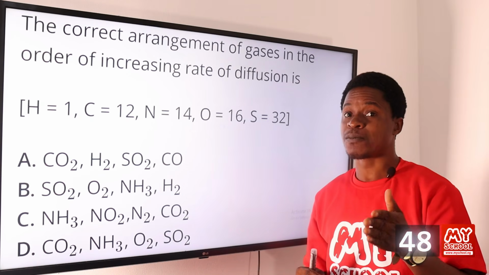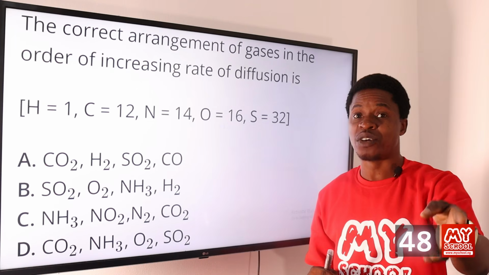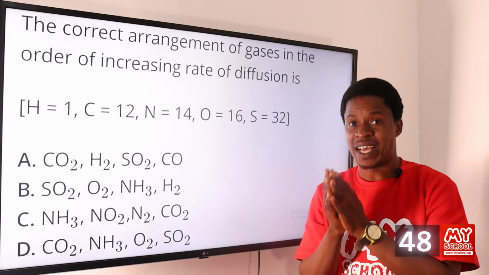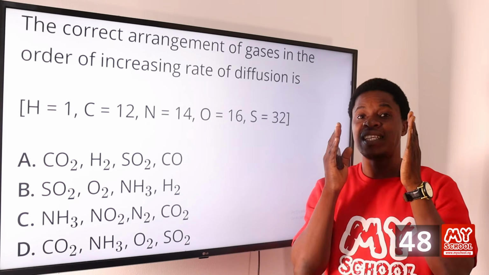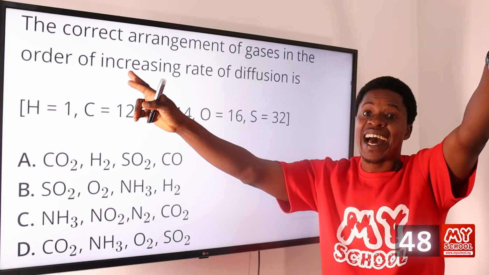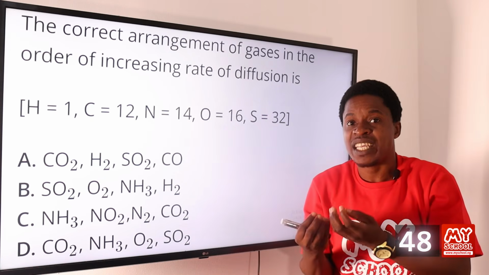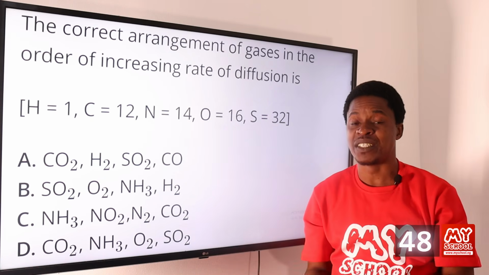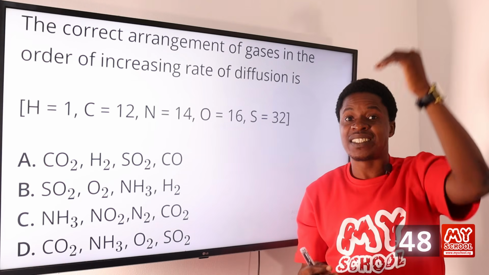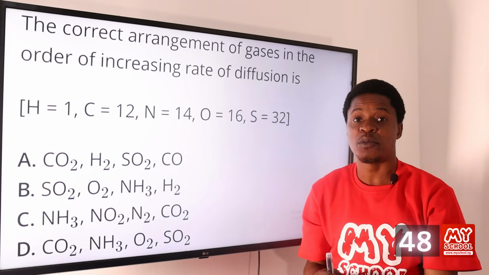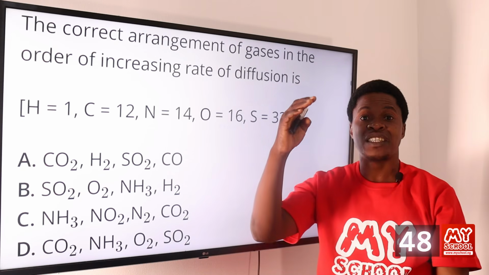So the gas that has a higher molecular mass has a lower rate of diffusion. The higher the molecular mass, the lower the rate of diffusion, and the lower the molecular mass, the higher the rate of diffusion.